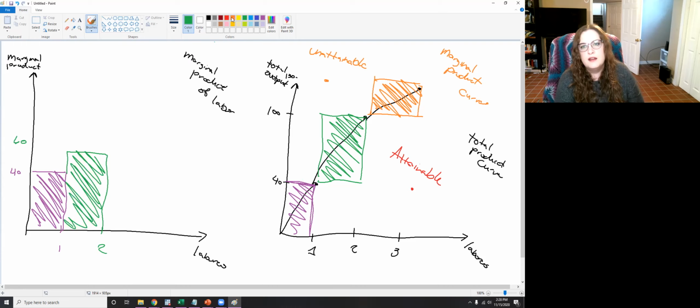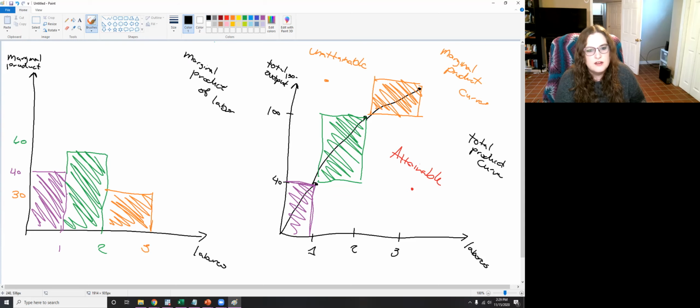Okay, then finally, let's talk about our third worker. When we bring in the third worker, we went from having 100 cookies to 130 cookies, which means the marginal product of this third worker is 30 cookies. This graph right here is our marginal product of labor.